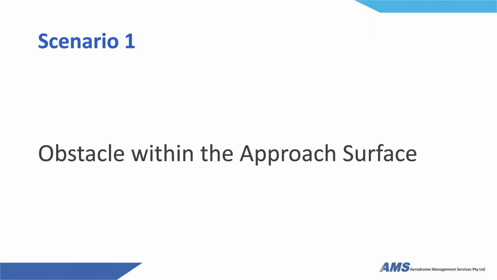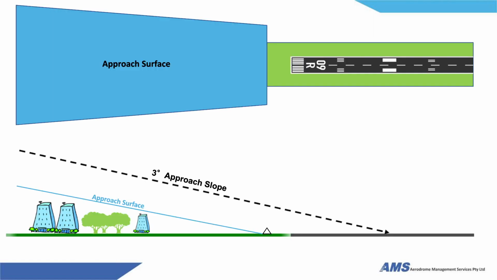So we're going to go through 2 scenarios. Scenario 1, we're going to deal with an obstacle within the approach surface itself. So in this screen we have a downward view looking at our approach surface, our runway strip, and our runway. This is a serviceable approach surface and it's a serviceable runway.